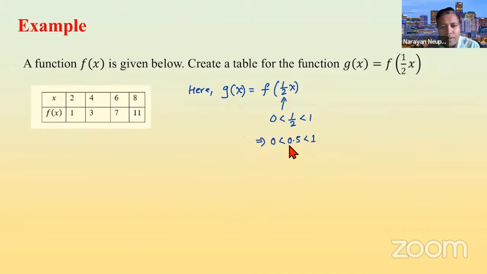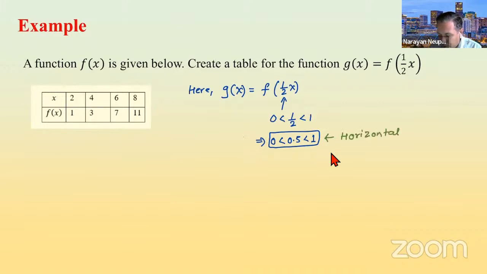So because this half is a number between 0 and 1, we know what type of transformation this is. Is this horizontal compression or horizontal stretch? What is it, Chandana? Please unmute yourself. Horizontal stretch. Very good.